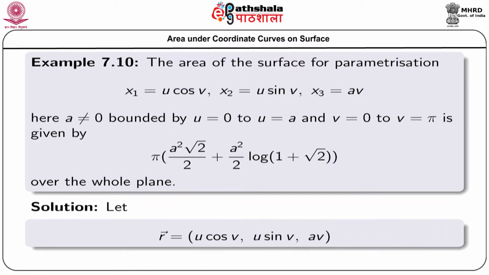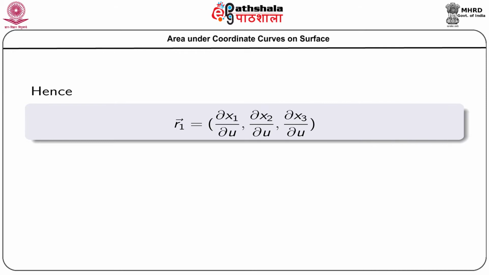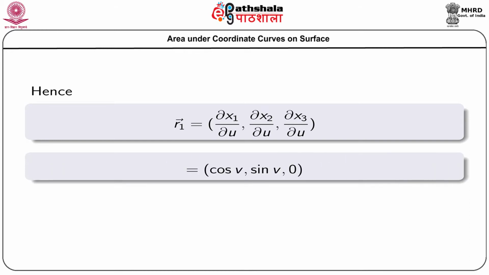Now, we have expressed the equation in vector form R equals u cos v, u sin v and a v. So, R1, that is Ru, we obtain this value: cos v, sin v, 0.